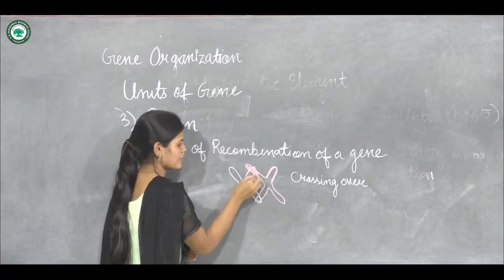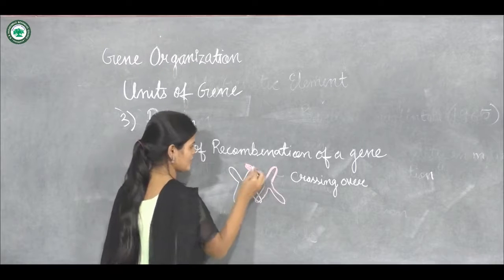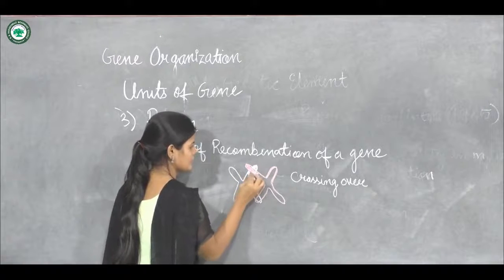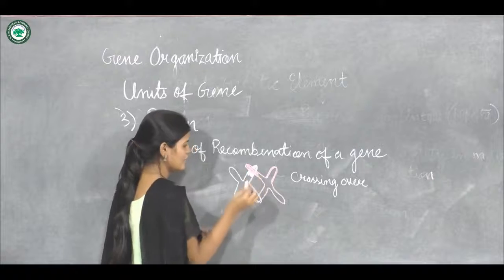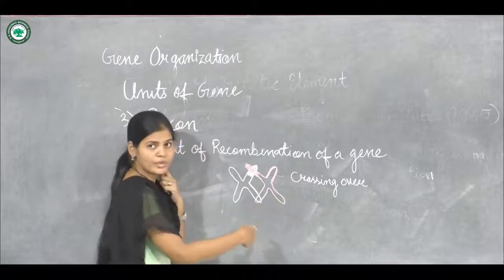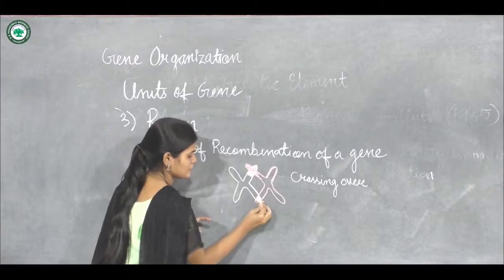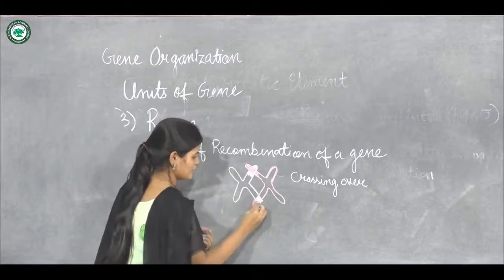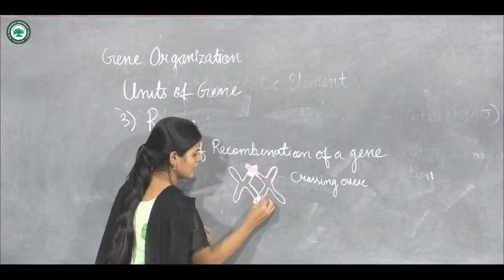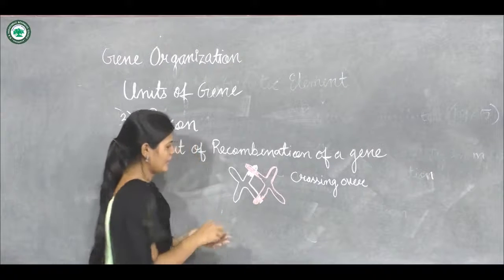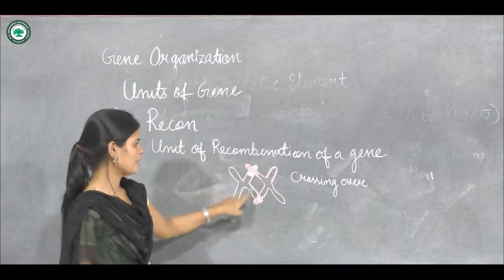So this is the region which is forming the X, that is the crossing over.